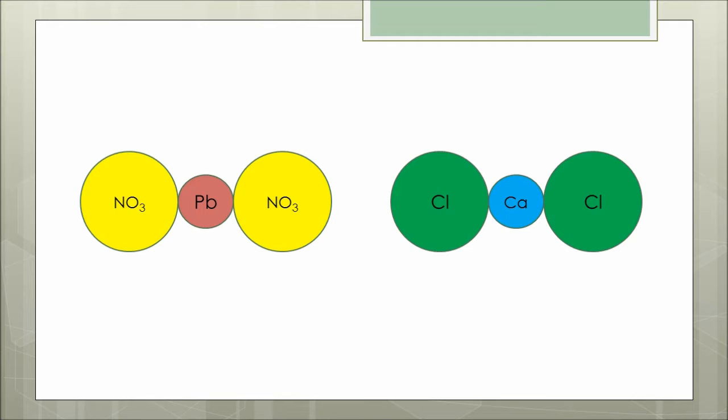Between calcium nitrate and lead chloride, lead chloride has low solubility, so usually you will get a white precipitate of lead chloride. And calcium nitrate that is formed will not precipitate. It will remain in solution. Therefore, calcium and nitrate ions will be the spectator ions in this reaction. Lead chloride, the solid.